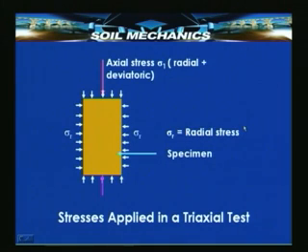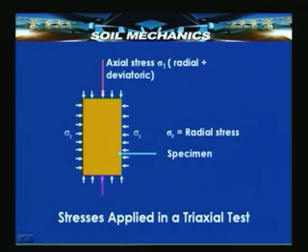This shows the stresses that act on the typical triaxial test specimen. The way the test is conducted, as we have seen earlier, is first of all a radial all round pressure is applied, that is known as the cell pressure sigma r.